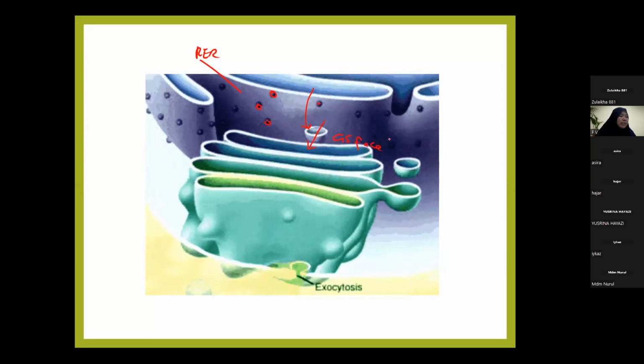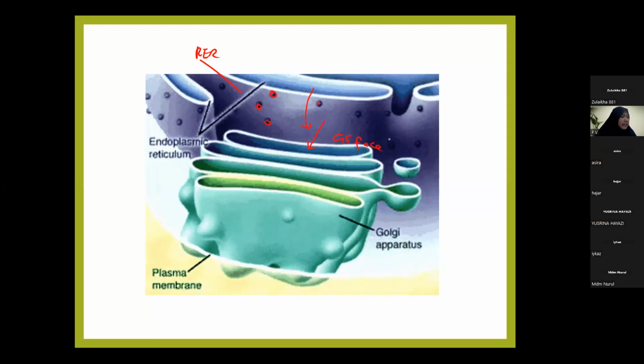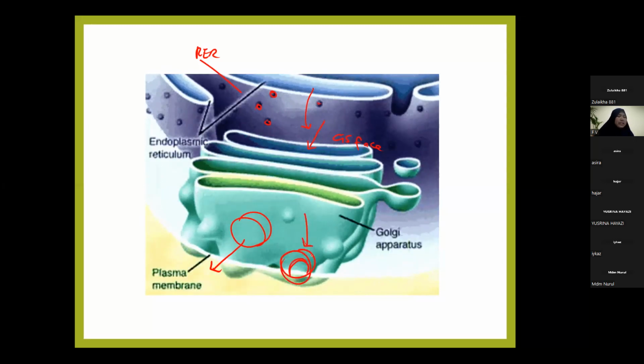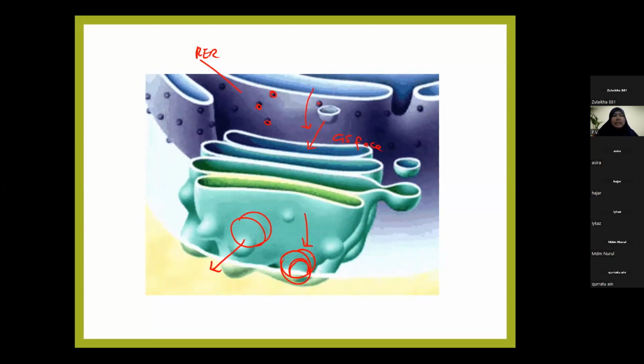And in Golgi, the product will be modified inside Golgi apparatus. And after modification, you can see that the product will be sent out, ataupun transported out from the Golgi apparatus via vesicle, and then bind to plasma membrane, and then release out via exocytosis. Okay, all right.